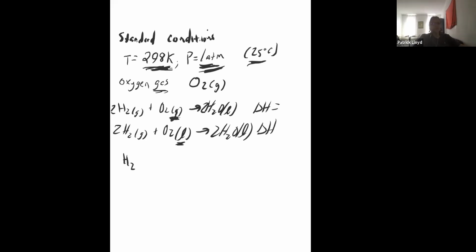The Hindenburg was a big balloon back in the 1930s that blew up in New Jersey after coming over from Germany. And that big Zeppelin, it was hydrogen gas, right? It was essentially under normal conditions, 1 atmosphere of pressure and room temperature, it was a gas. So under standard conditions, hydrogen is gas.